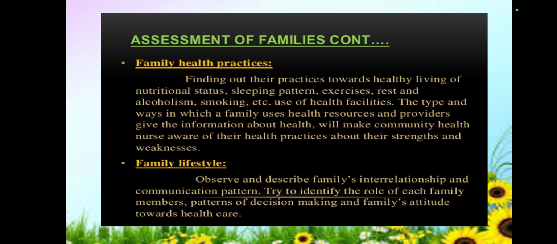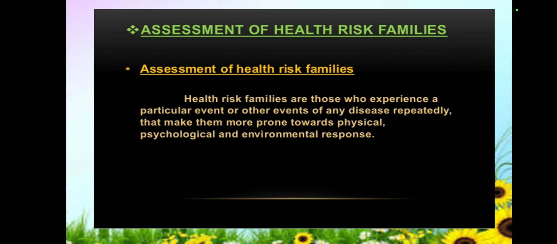So, we try to identify the role of each family member, the patterns and the decision making towards the healthcare, and then assessment on family health, assessment of health risk families.